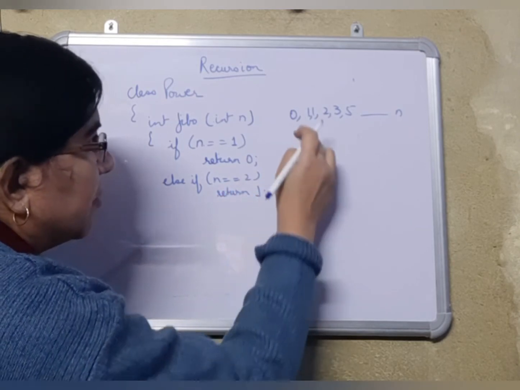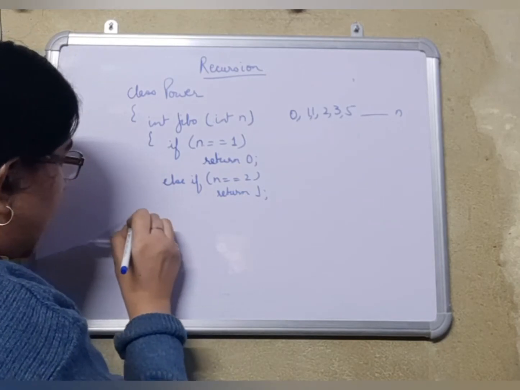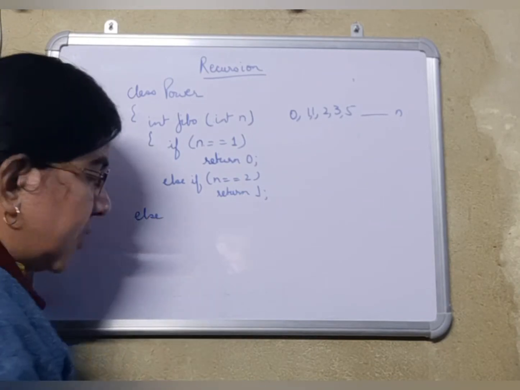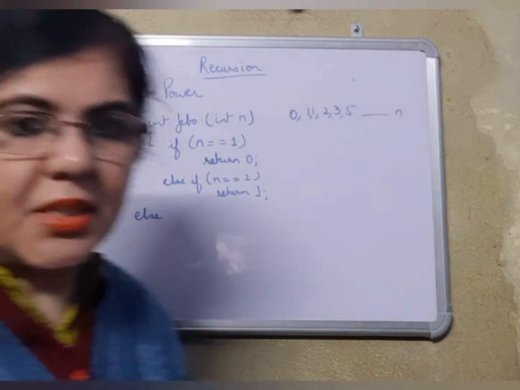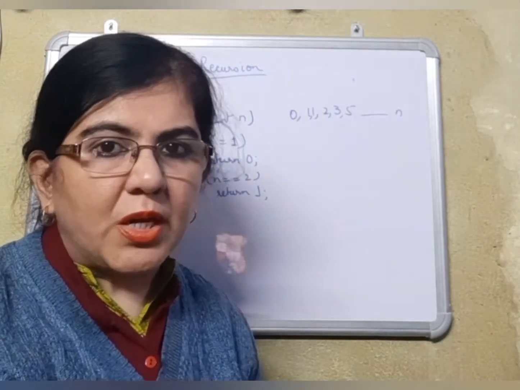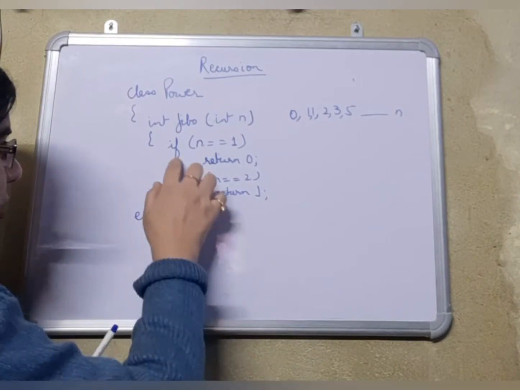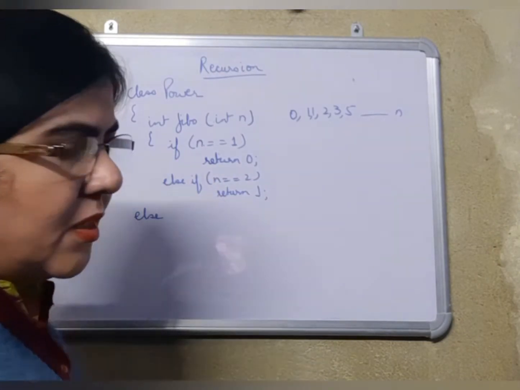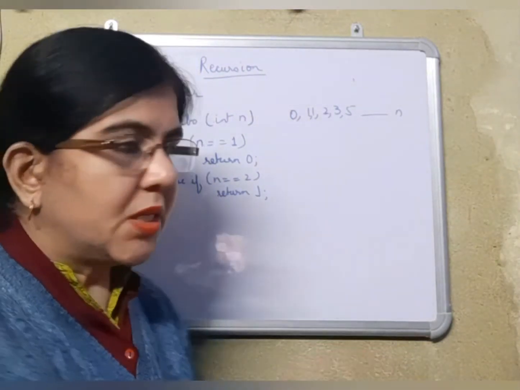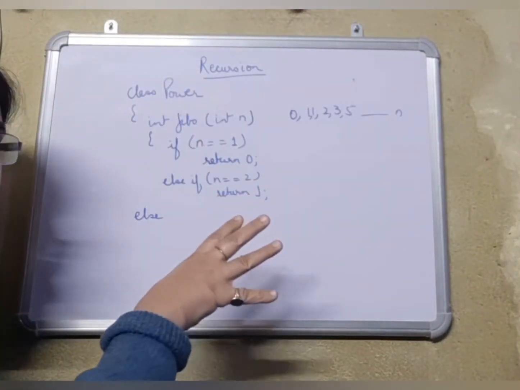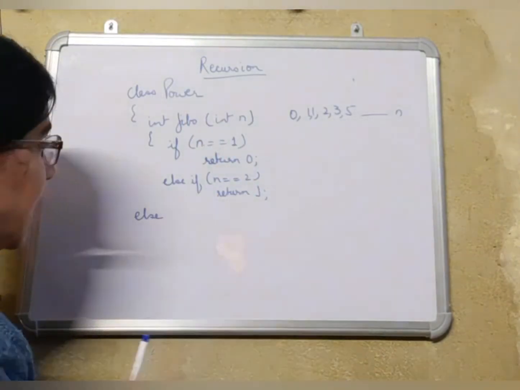That is the second term of our Fibonacci series. But apart from this, if any other term is sent like 3 or 4 or 5, we'll have to use our recursive case. So these two are, in a way you can say, two terminating cases. And it is a binary type of recursion which will be seen in Fibonacci.